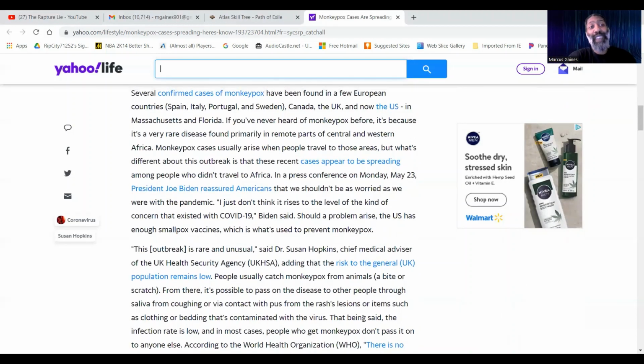Several confirmed cases of monkeypox have been found in a few European countries. European countries.